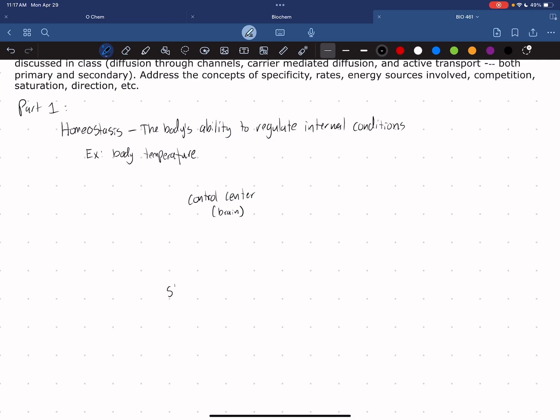When there is a stimulus, that will go towards the receptor, up to the control center, down to the effector, which will lead to a response, which also provides feedback. This side of the loop is the afferent pathway, and this side of the loop is the efferent pathway.